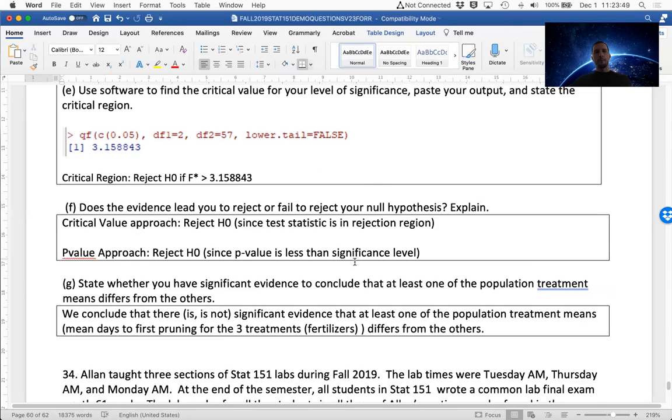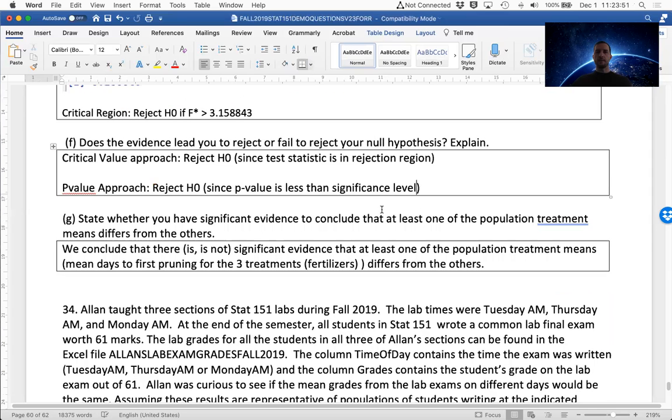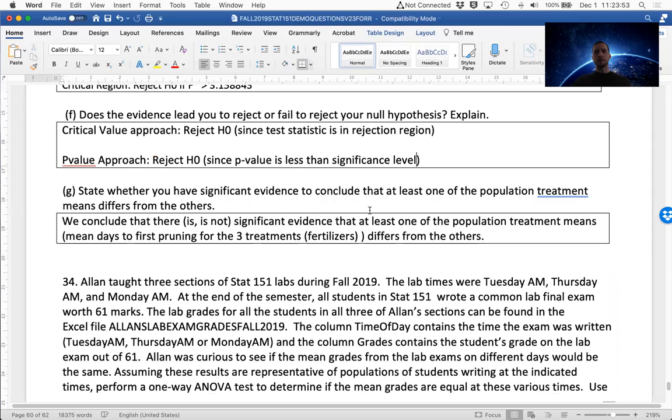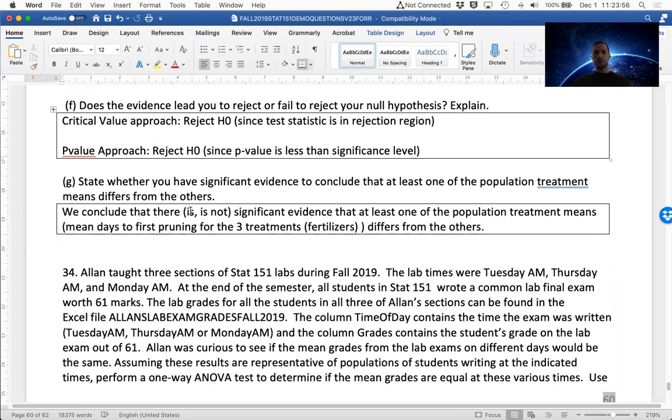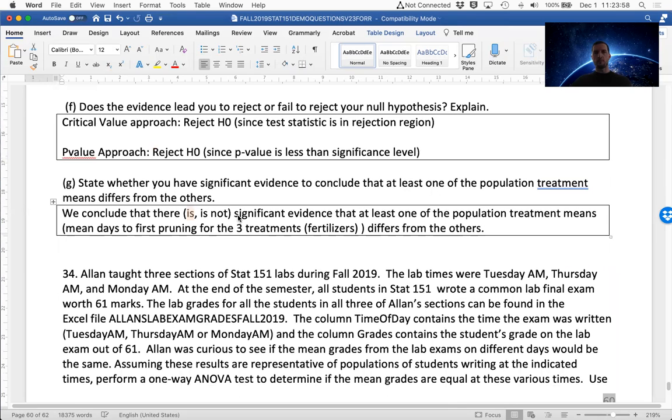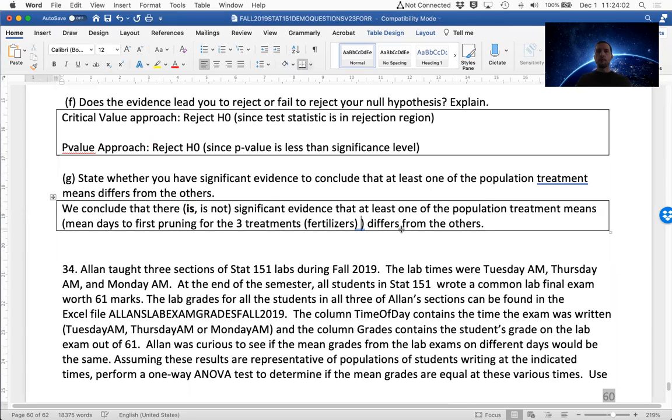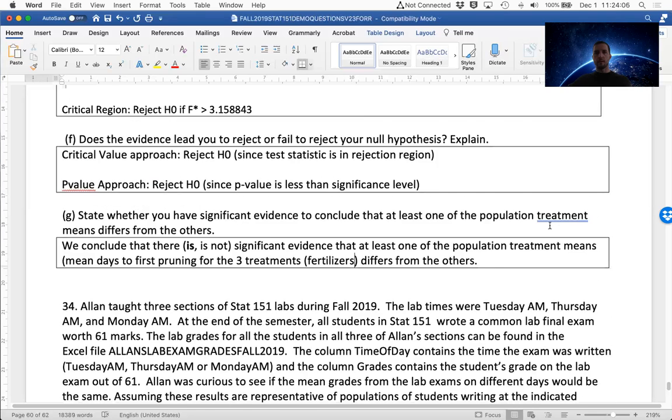All right, state whether you have significant evidence to conclude that at least one of the population treatment means differ from each other. So we were able to reject H0, so we conclude that there is significant evidence that at least one of the population treatment means differs from the others, basically it.